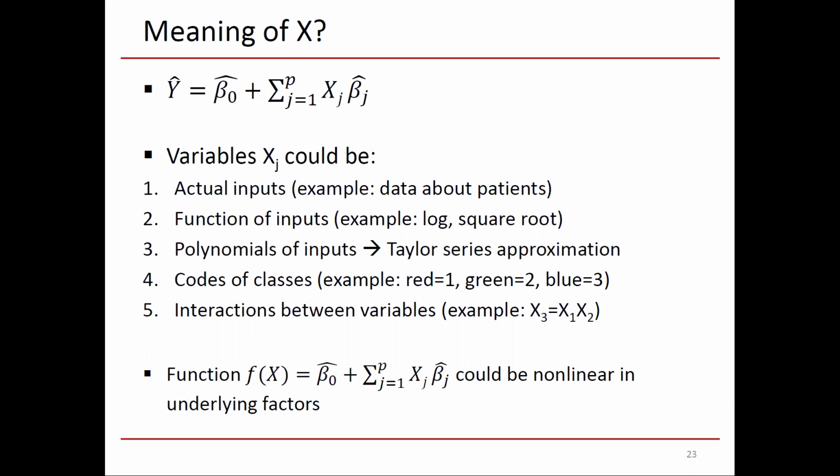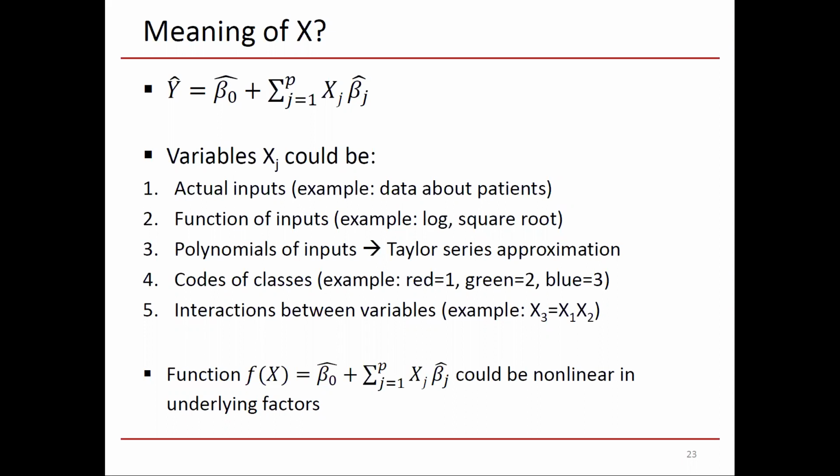Now imagine that we have classes. We know whether something is red, green, or blue, and what we have here is a numerical model. This whole thing is a linear combination of the x's. Because of that, we encode the classes, red, green, and blue, into numbers, and that allows us to have a coefficient that picks up the class. And finally, just to make it clear, earlier I was talking about polynomials of inputs.